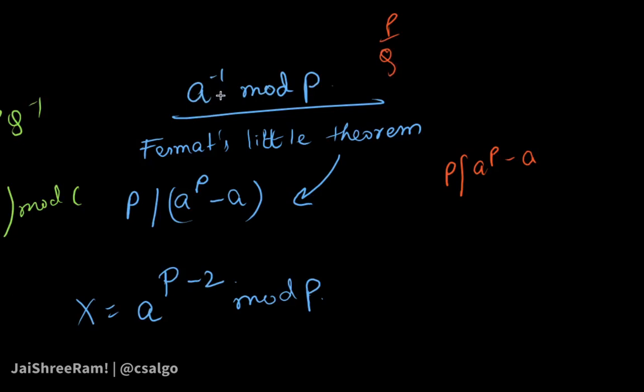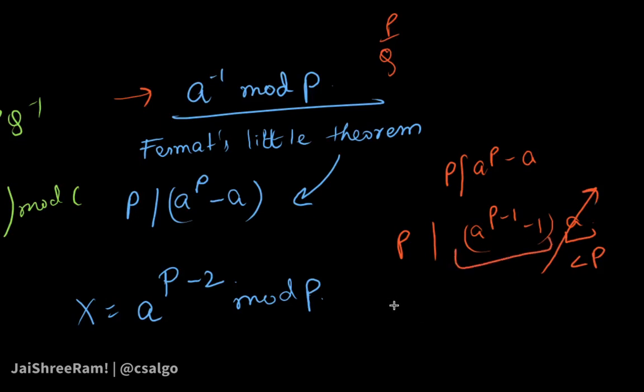So a will always be less than P whenever you need to find this out. When a is less than P, you can write this as a to the power P minus 1 times a. P divides this, right? Now since a is less than P, P cannot divide a, so P has to divide this part. So P divides a to the power P minus 1, right? Clear up to this?